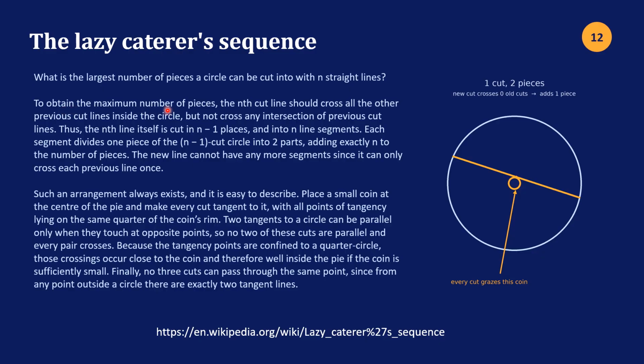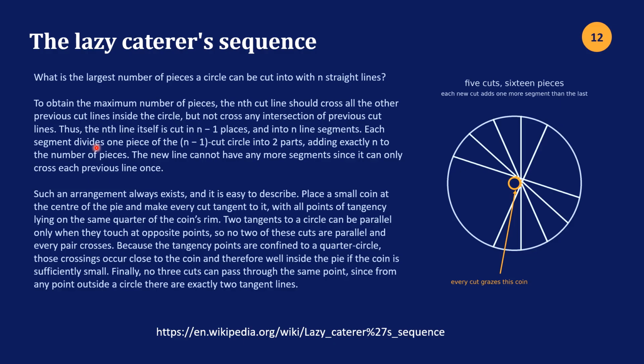So to obtain the maximum number of pieces, the nth cut line should cross all the other previous cut lines inside the circle, but not cross any intersection of previous cut lines. Thus, the nth line itself is cut in n minus 1 places and into n line segments.